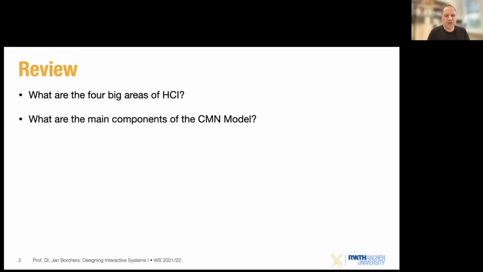Okay, the second thing we talked about was the CMN model. Just as a quick refresher, you'll remember the main components of the CMN model, the 3 processors that are associated with humans processing incoming information and reacting to it. There was the perceptual, cognitive, and motor processor, and we had some key numbers attached to this model.